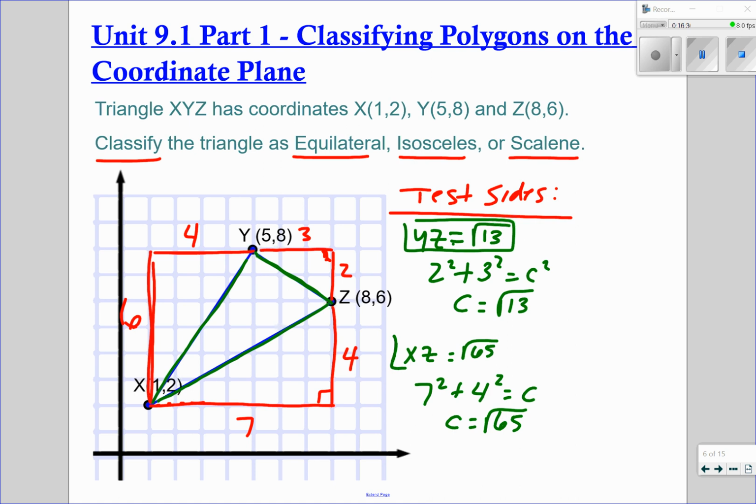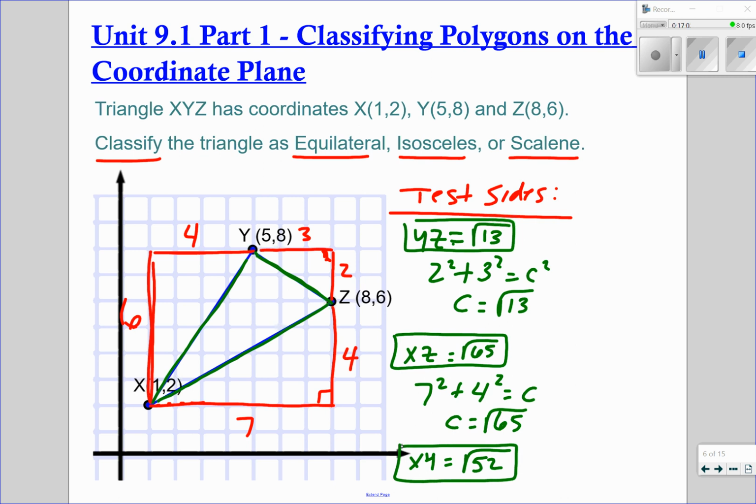We could keep going even further if you're still not convinced yet, but XY would be the square root of 6 squared plus 4 squared. Well, 6 squared gives you 36, and 4 squared gives you 16. So if you did the square root of the sum of those, you would get the square root of 52.